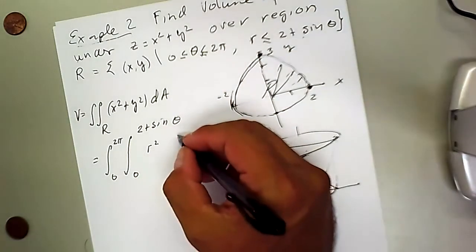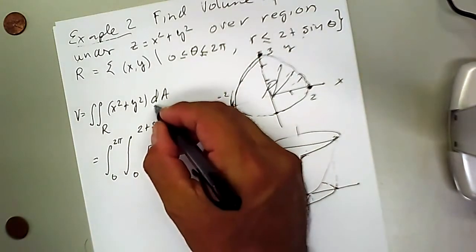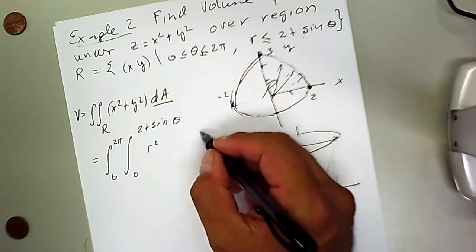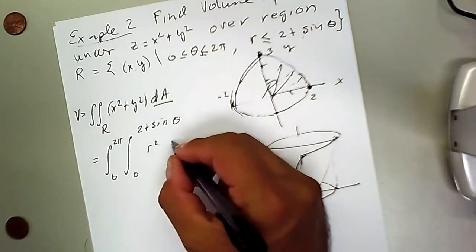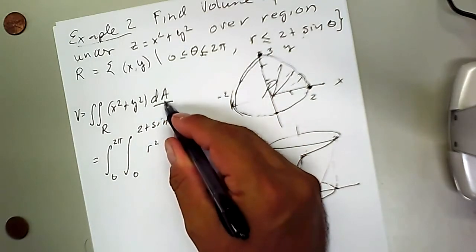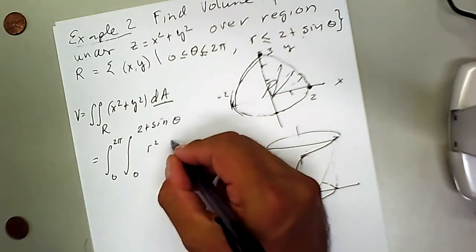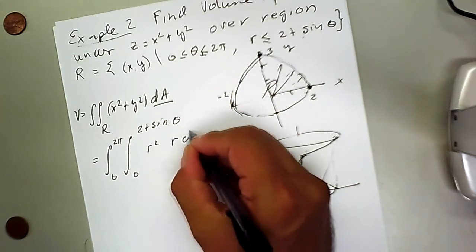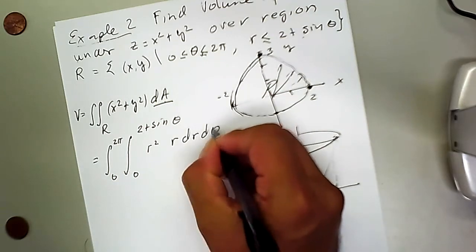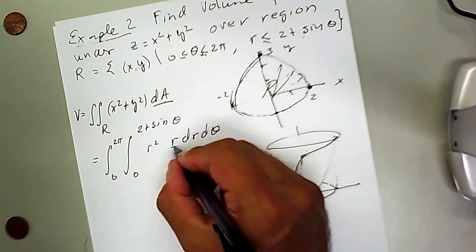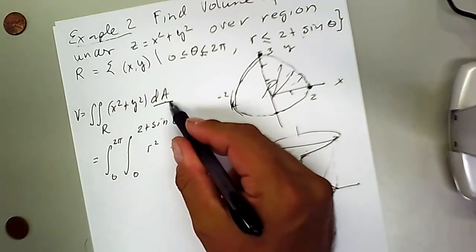But because we are changing dA into polar coordinates, we have to introduce r dr d theta. So this r dr d theta is what replaces dA.